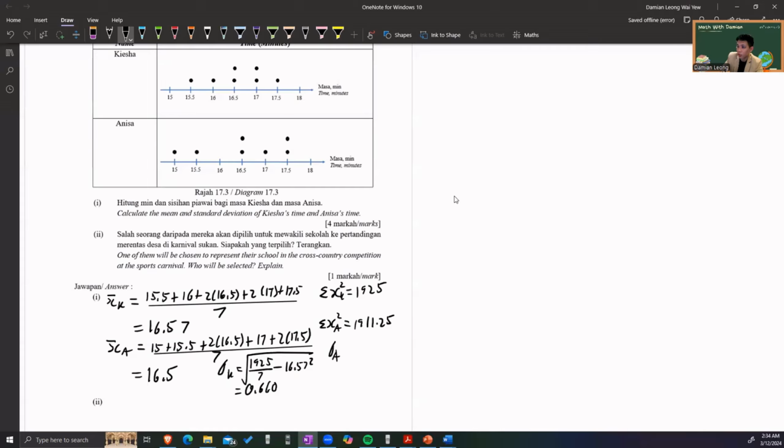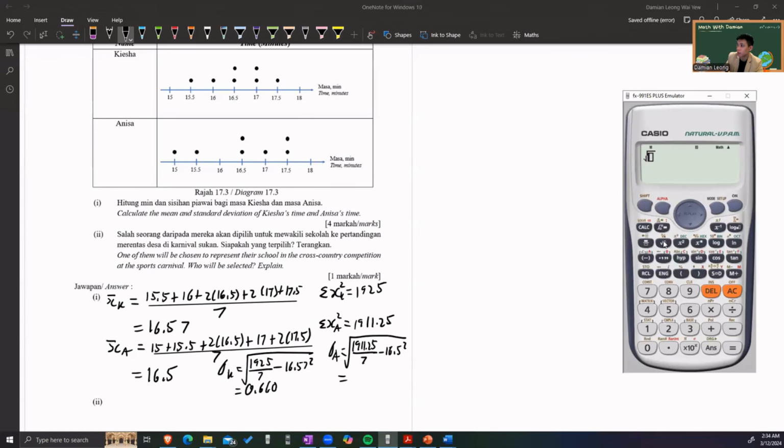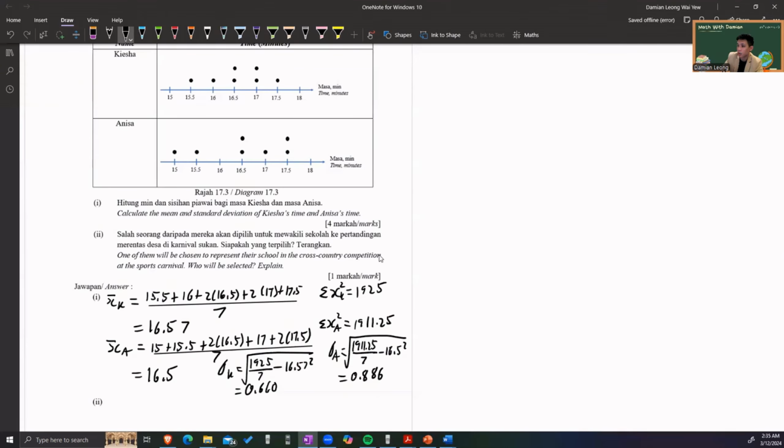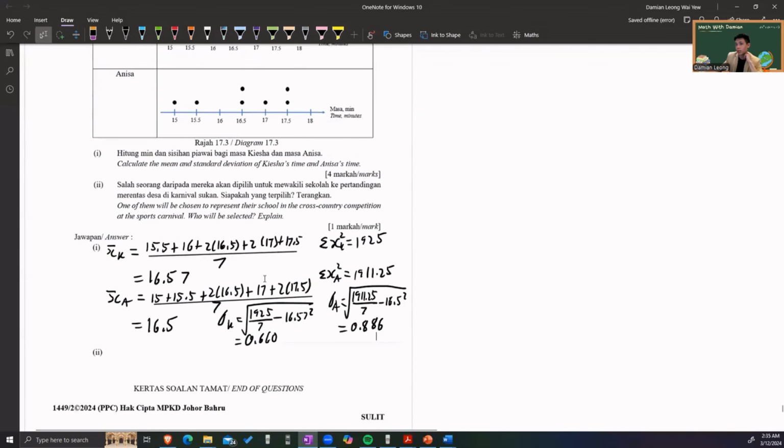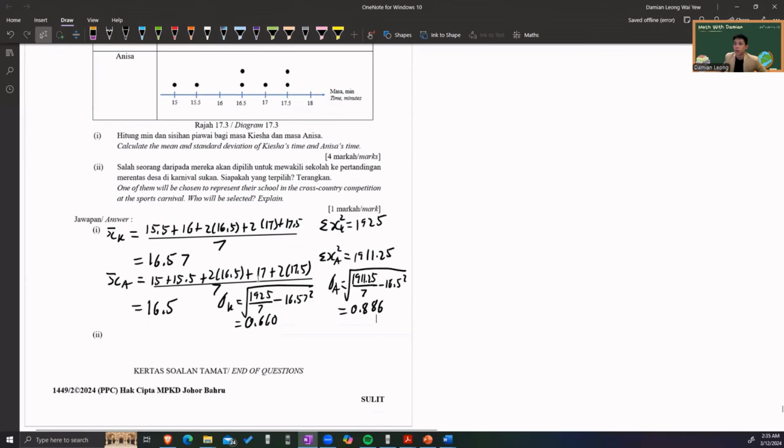Standard deviation for Anissa, square root of 1911.25 over 7 minus 16.5 square. 0.886.